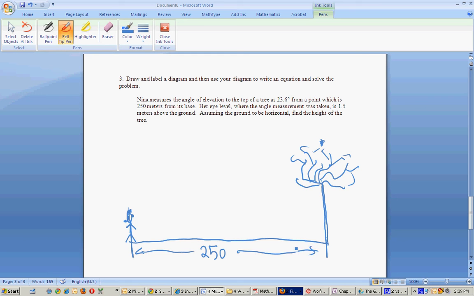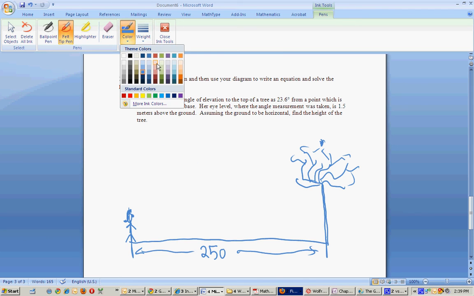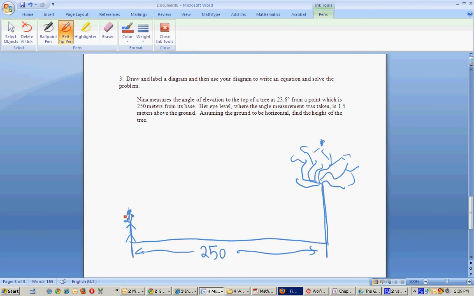And it says her eye level, which is where the measurement is taken from, is 1.5 meters above the ground. So this height here is 1.5 meters. And the angle of elevation to the top of the tree is taken from this horizontal eyeball height level.